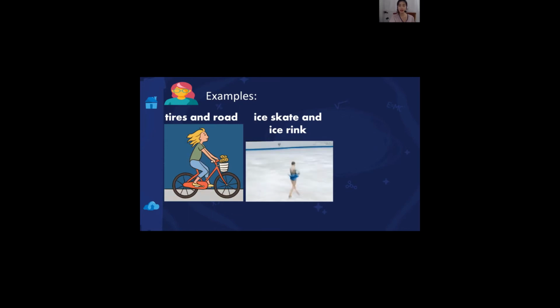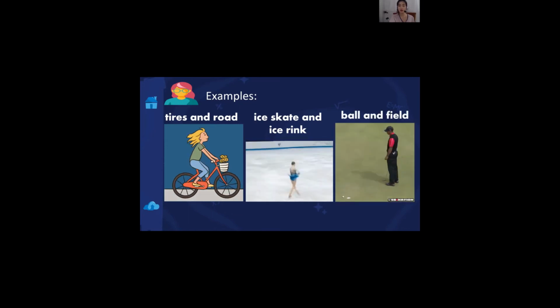Another example is when you play golf or golfing. Have you tried playing golfing? Anyone? Okay, so when you play golfing, there is a friction between the ball and the grassland. The player hits the ball, it starts rolling.